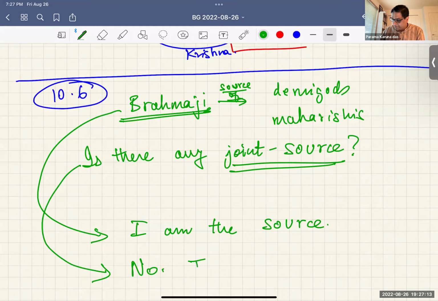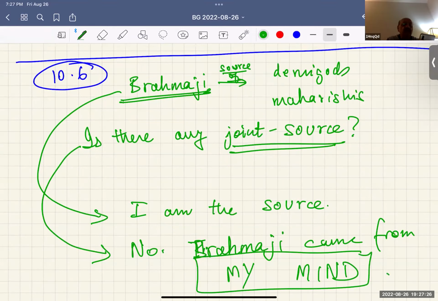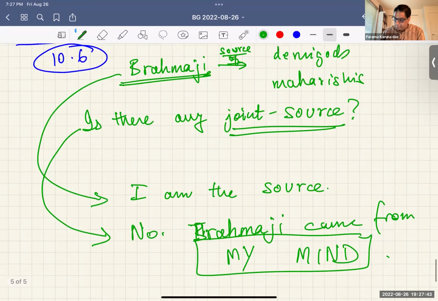No. Brahmaji came from my mind. Came from how? My mind. Manasputra. So that is how Brahmaji came. I do not need any other partner. It's not like I am the father and I need mother to give birth to a child. They came from my mind. So these points are being answered in 10.6.